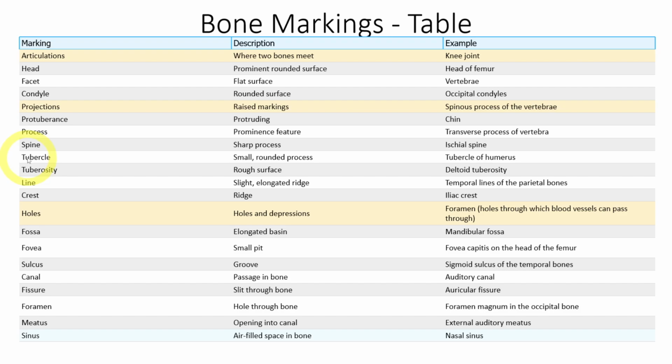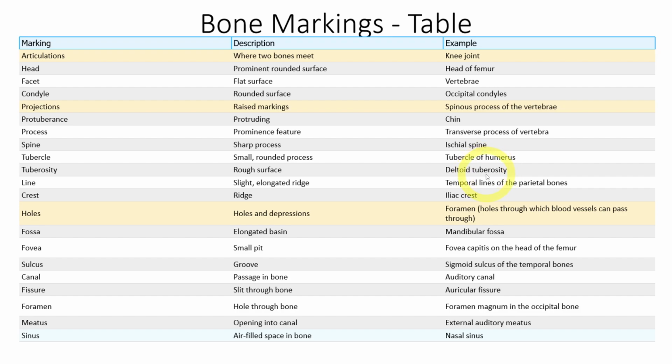Protuberance. It's a small rounded process, like the tubercle of the humerus. Tubercle is not to be confused with tuberosity. It is a rough surface. The deltoid tuberosity should be of the humerus also.